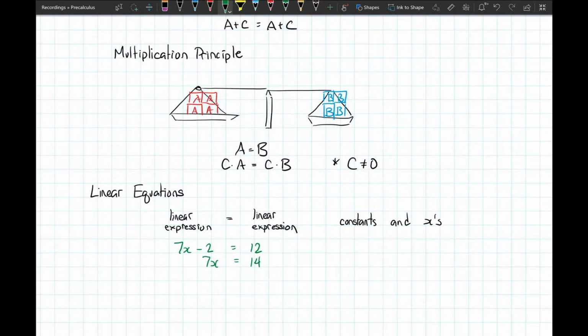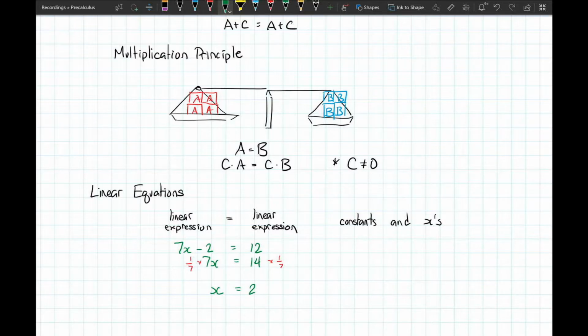Then our constant multiple that we're multiplying by here is 1 over 7, which is basically the same as dividing by 7. That leaves us 7 over 7, which is 1, a single x, and on the other side, 14 over 7 is 2. And we get our answer, x equals 2.